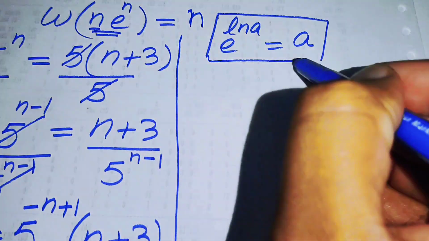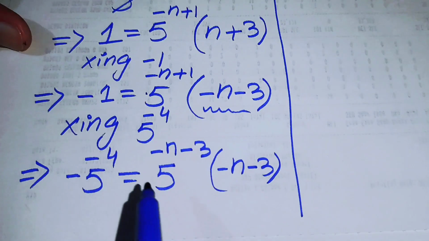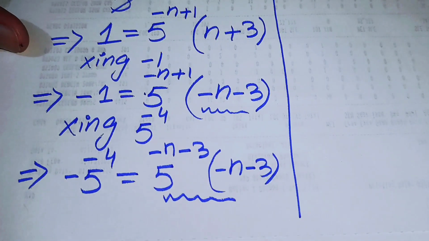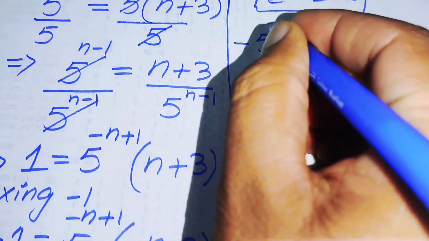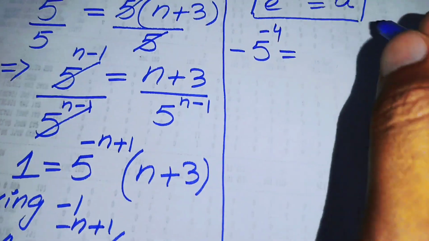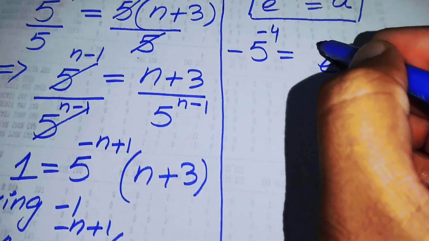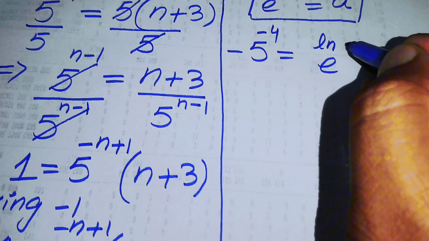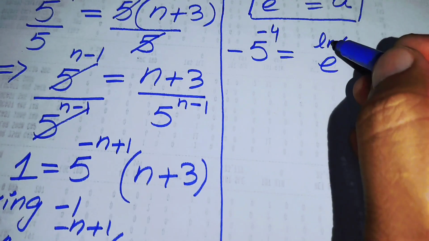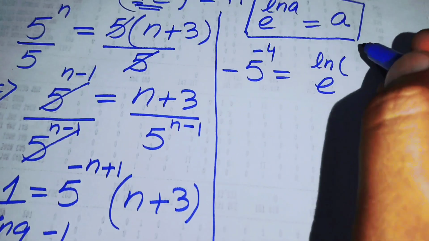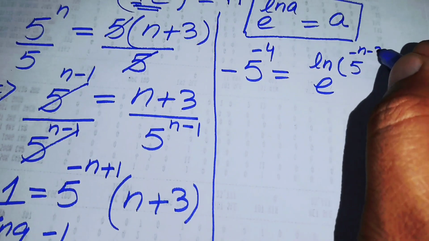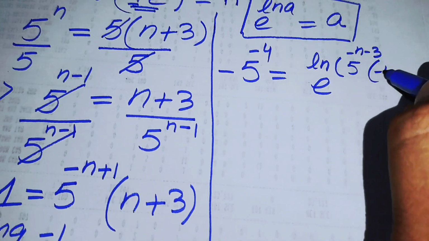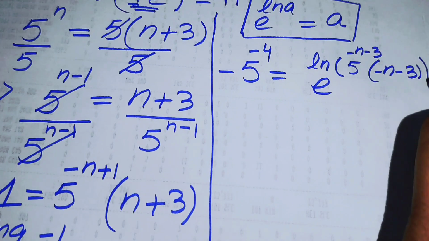So now we can write its right hand side in the logarithmic or exponential form, so that here we have minus 5 to the power of minus 4 is equal to e to the power of log, because anti-log and log cancel each other, of 5 to the power of minus n minus 3 into minus n minus 3.